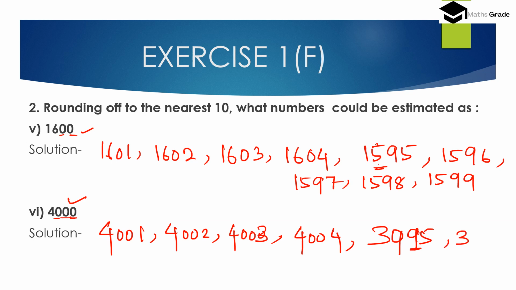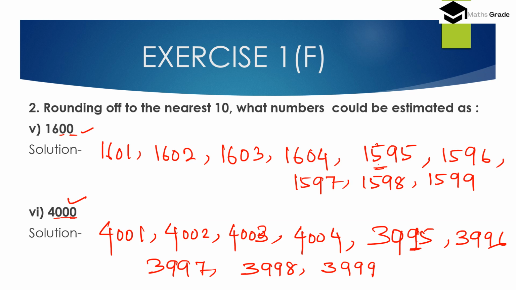Now 3996, here 6 is more than 5, 3997, 3998, 3999. These are the numbers rounded to the nearest 10 which will be 4000.